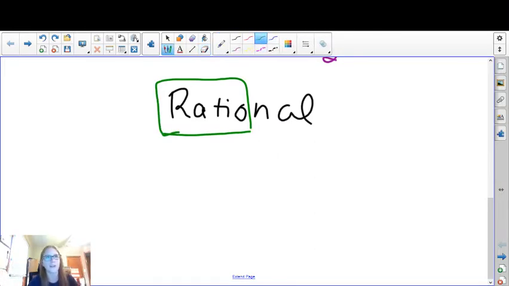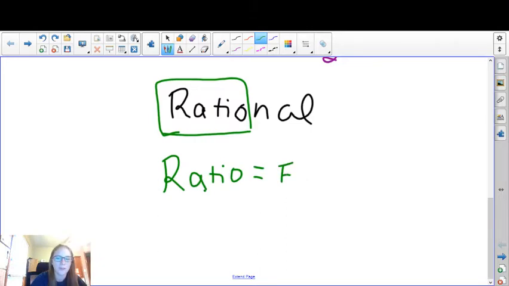And we learned last year, in 6th grade, if you're not sure, go watch my video on ratios, a ratio is just a type of fraction. Just another fancy word for fraction. No reason to get scared of them.